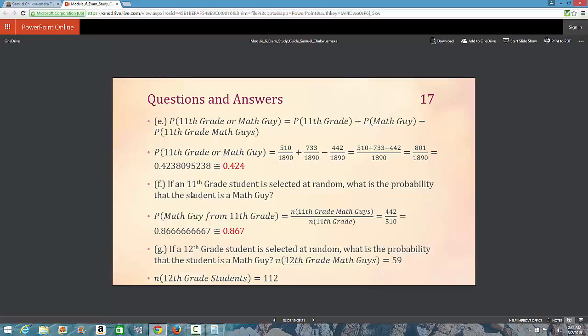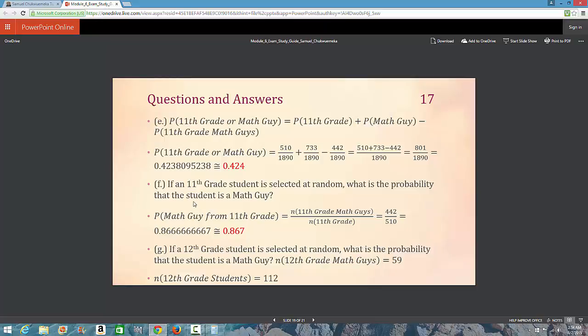F, if an 11th grade student is selected at random, what is the probability that the student is a math guy? In this case, you're looking at math guy from 11th grade. Please take note of that. We are not looking at the entire student population.